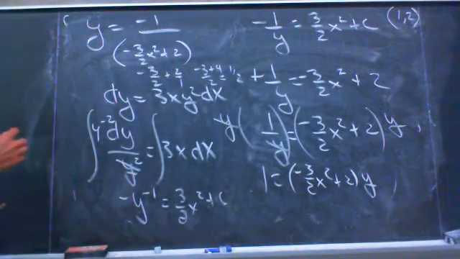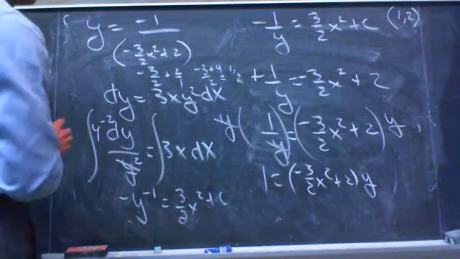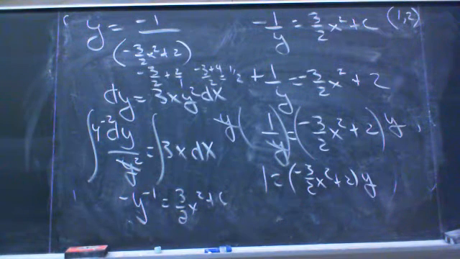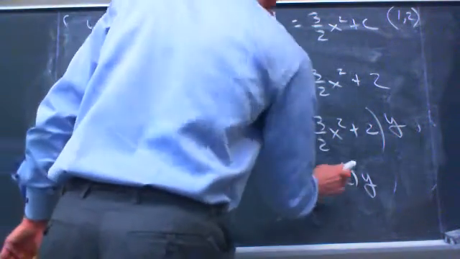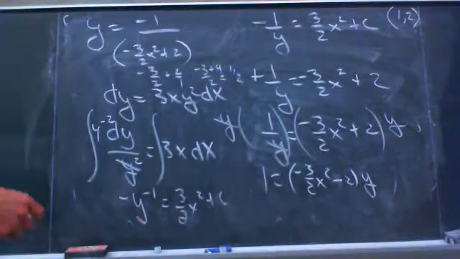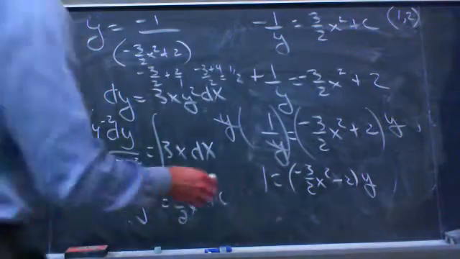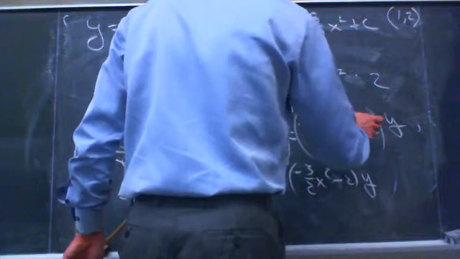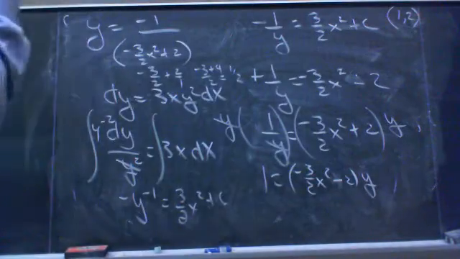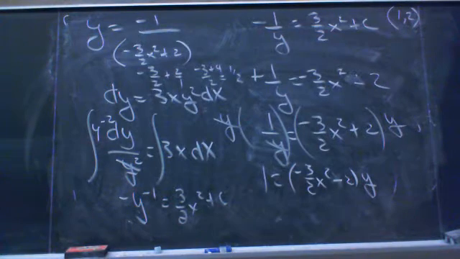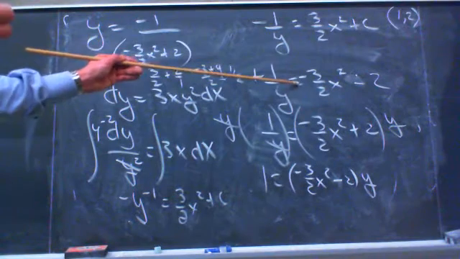But now that seems to be wrong. Did I divide the negative out? This looks like it should have been negative. Yes, I didn't divide that out. No, I did, because this was a negative 2 right there. So when I divided the negative out, this is a positive negative.